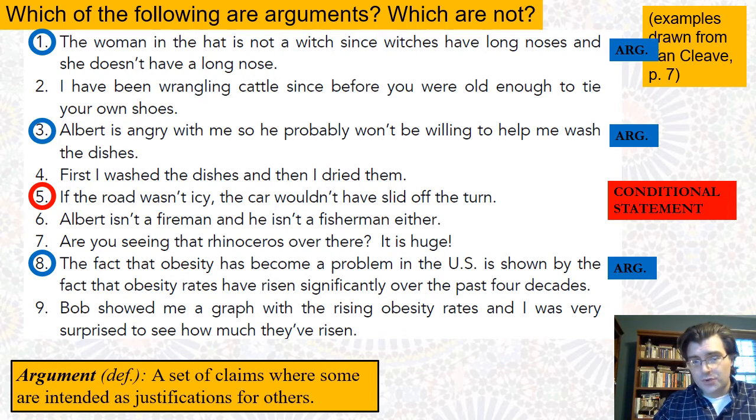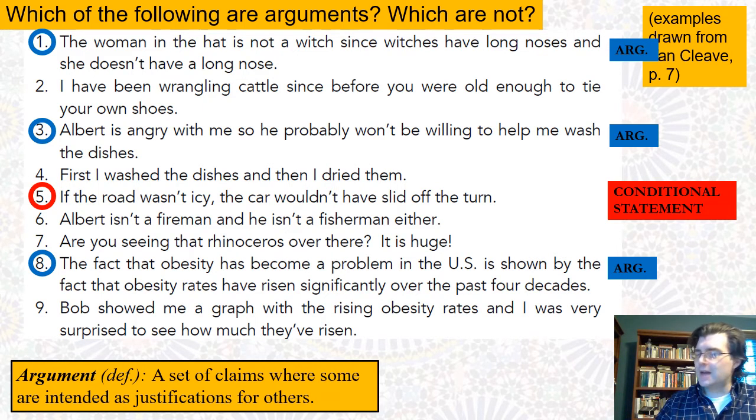I will just note that with 8, the expression "is shown by" is an example of something that we can call a premise indicator. In other words, it's kind of a clue that what follows the "is shown by" is a premise in an argument, and that what comes before the "is shown by" is a conclusion in an argument. Because if you think about it, what is it for one thing to show another thing in this sense of shown that's used here?